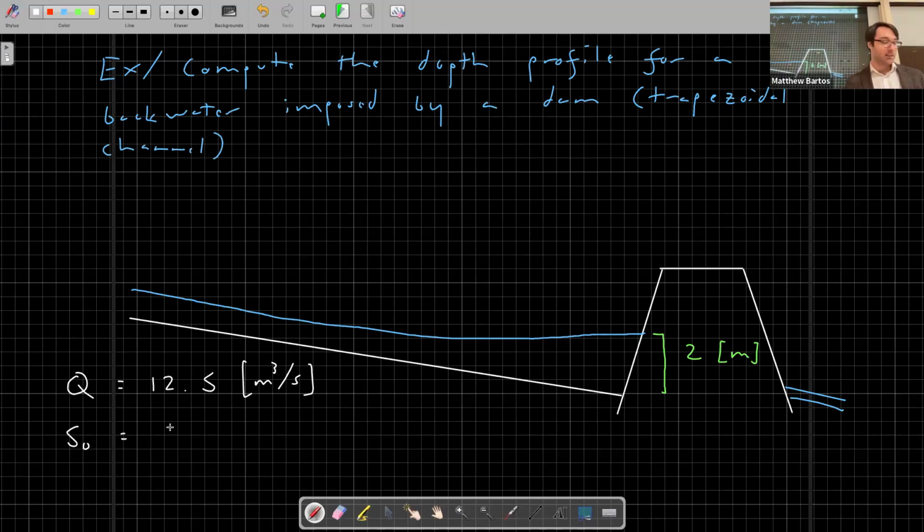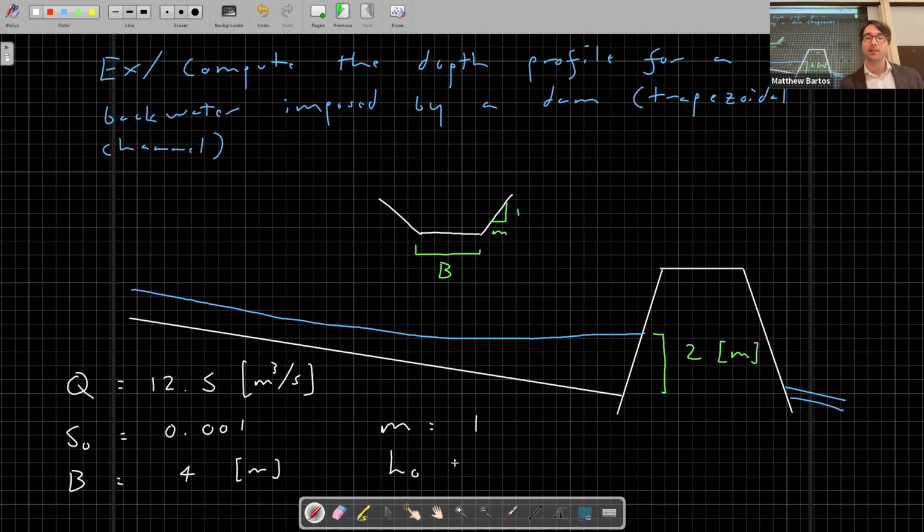The bottom slope of the channel is 0.001. It's a trapezoidal channel. So the bottom width of the trapezoidal channel, B, is equal to 4 meters. The side slope, horizontal to vertical, is given as 1:1. And as I mentioned, the depth at the most downstream point is 2 meters.